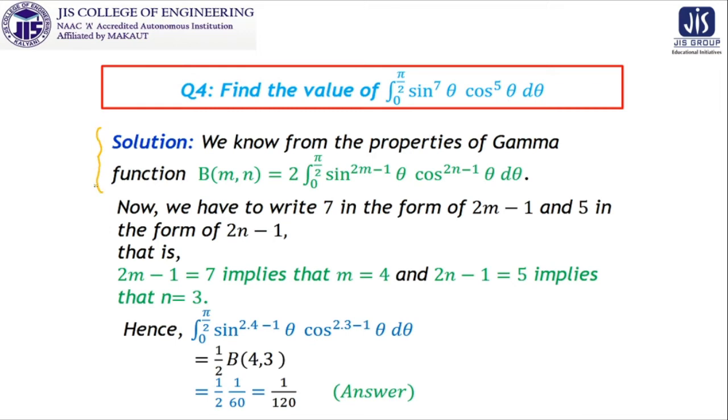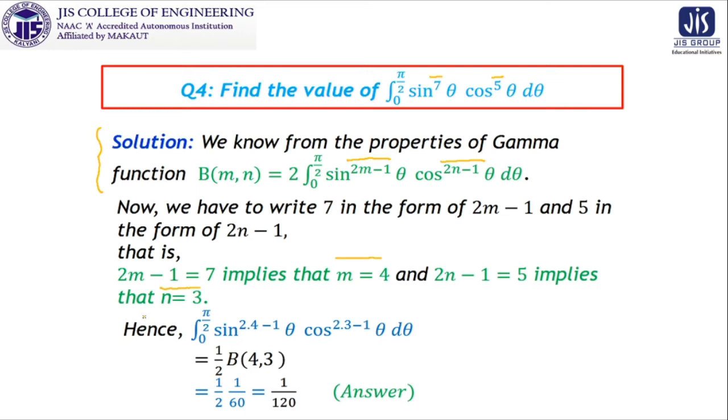This is the first step we have to consider, beta m n is equal to this definition. Similarly, 2m minus 1 will be equal to 7 and 2n minus 1 will be equal to 5, and making them equal, we get 2m equal to 7 plus 1, 8, so m equal to 4, and 2n minus 1 equal to 5 implies n equal to 3.